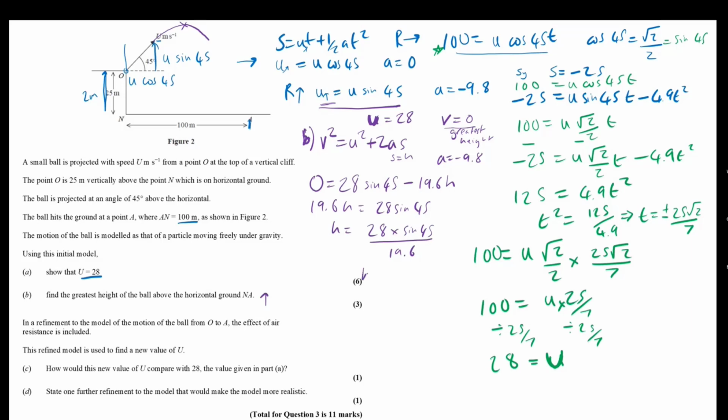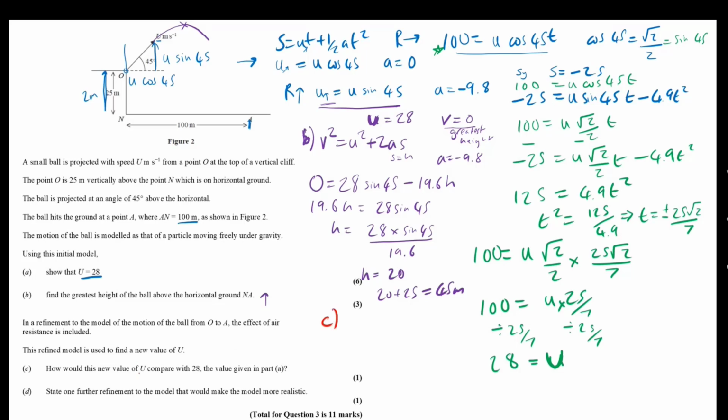So H here is 20 to the nearest whole number. But remember, it starts 25 meters above the ground. So you have to do 20 plus 25 to make 45 meters.